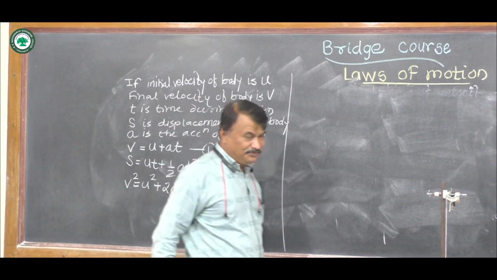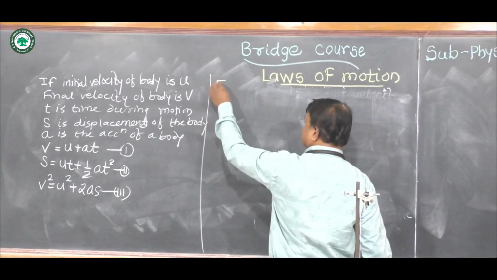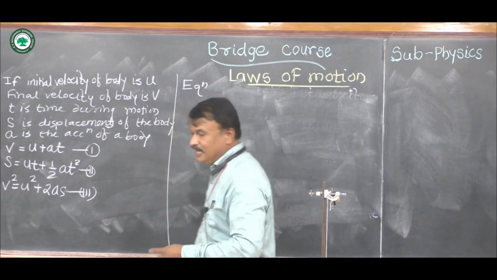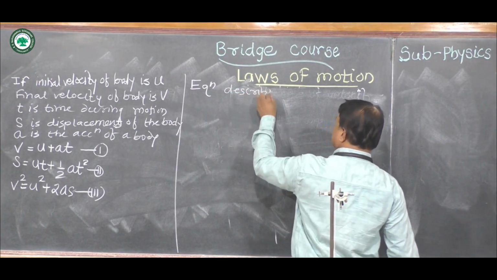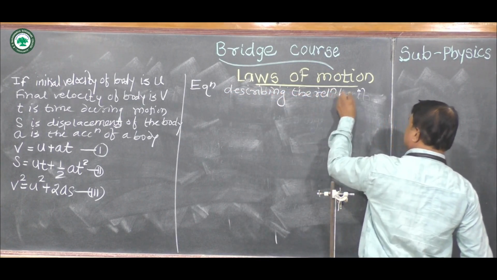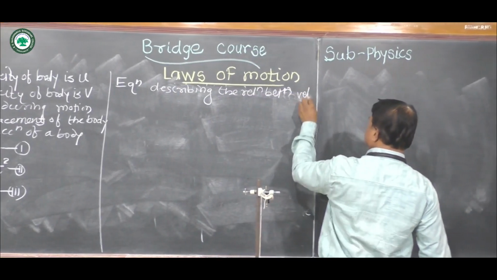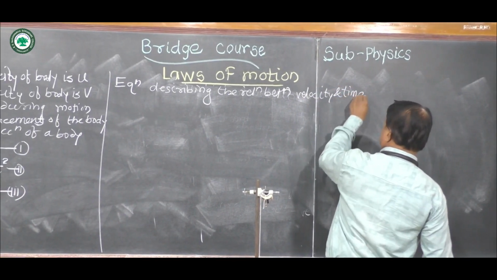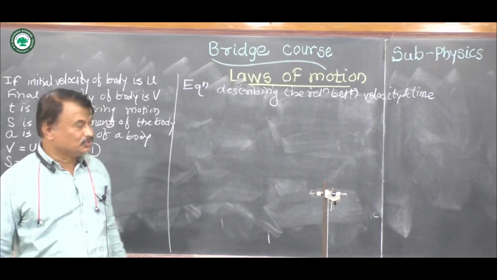Now, we have to derive this relation for equation 1, the equation describing the relation between velocity and time.